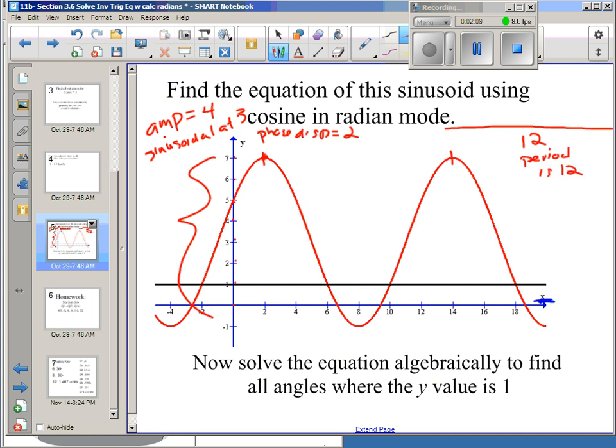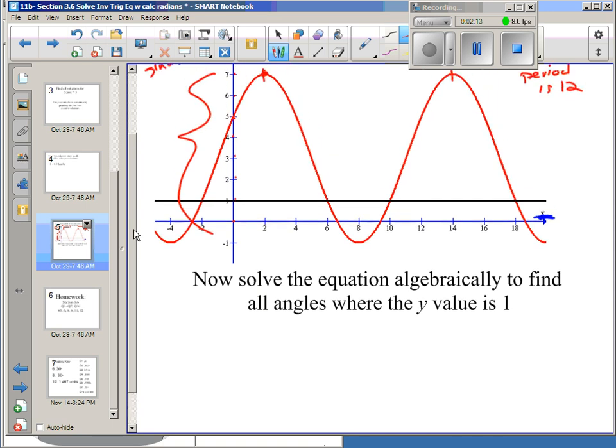If I put all this together, I can write my equation. I take y equals, my sinusoidal axis is at 3. My amplitude, I said, was 4. We're going to use cosine. I'm going to come back to that because this is always a tricky one. I want to move to the right, and since we're in radians, we're going to use x.